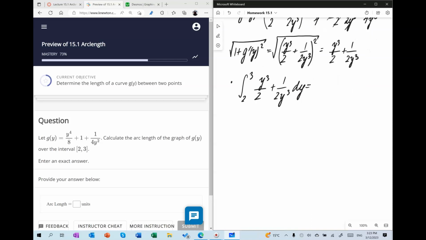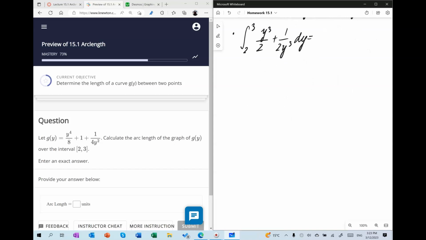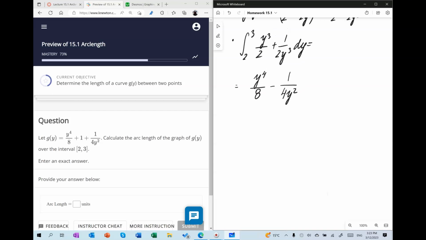And it's a very simple integral, which requires nothing but the power rule. So we're going to have y to the power 4 over 8. And here we're going to have negative 1 over 4y squared.